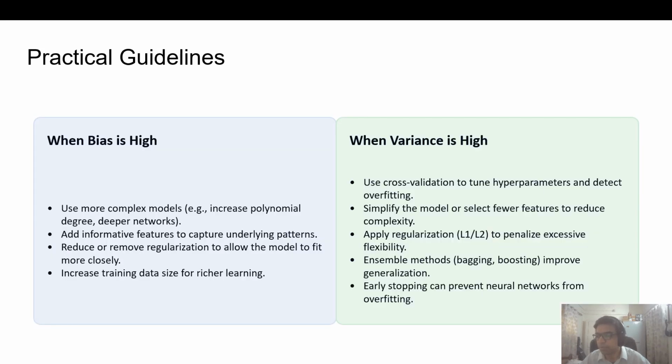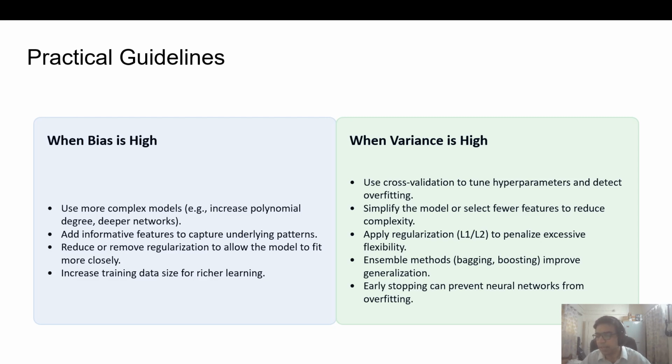And now moving to some practical guidelines to counter this, starting with when bias is high, what steps can be taken? Starting with moving to a more complex model, such as increasing polynomial degree or using deeper neural networks.